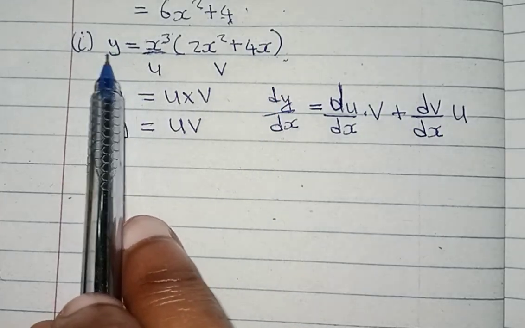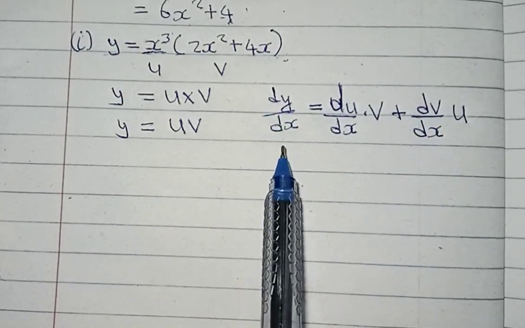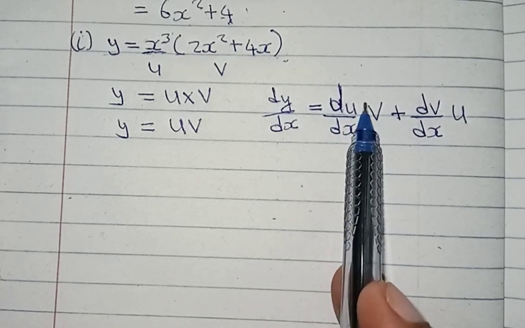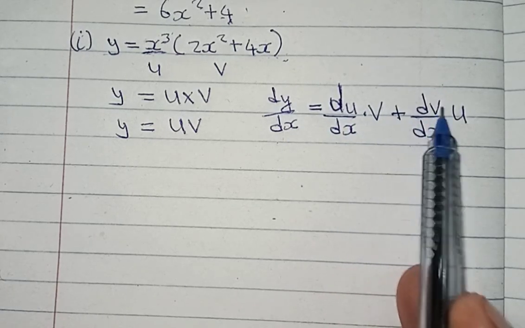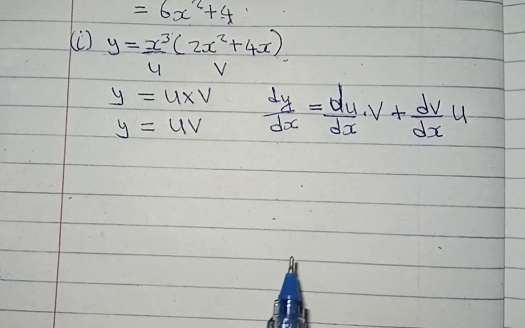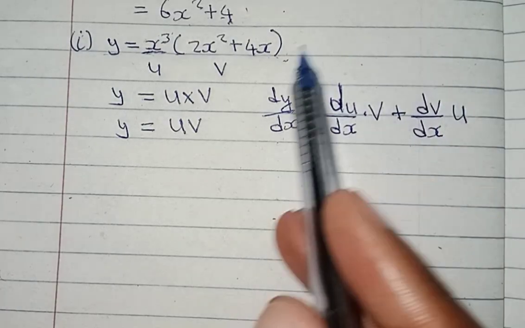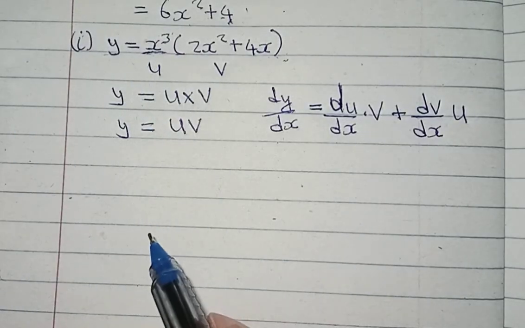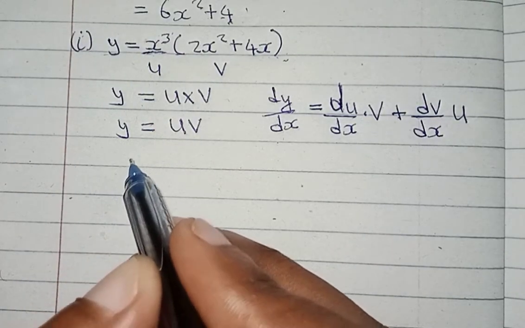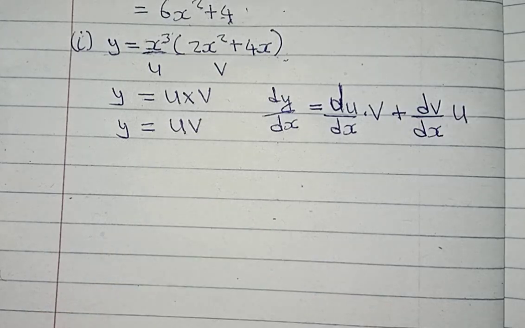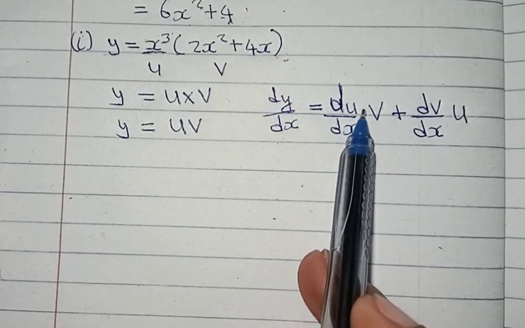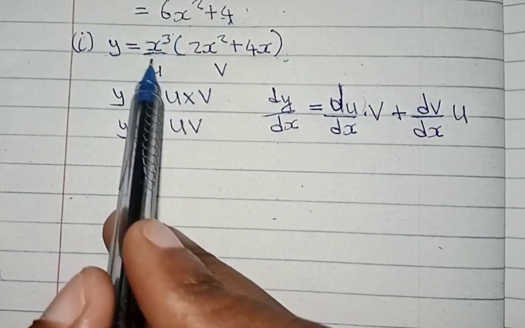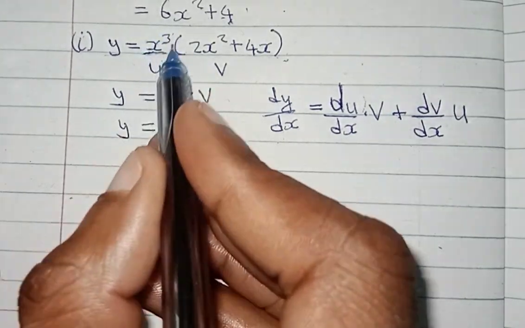So the derivative of this function will be given by dy/dx, which is equal to du/dx times the v function plus dv/dx multiplied by the u function. So according to this notation, let us complete the derivative. We'll begin with du/dx. Now, you know from this function that this is our u.